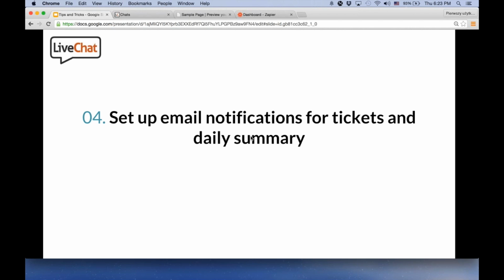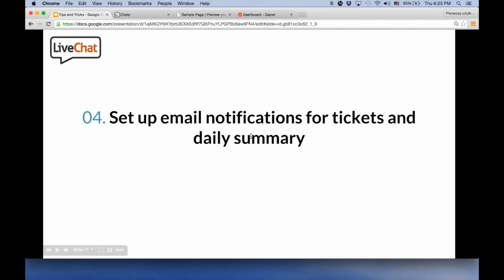Okay, so to sum up, you should keep in mind that there are two places from which you can respond to clients' tickets. So it's either your inbox or LiveChat.